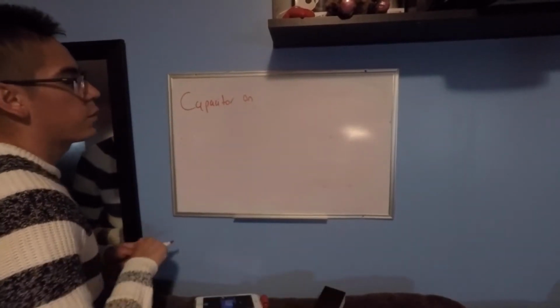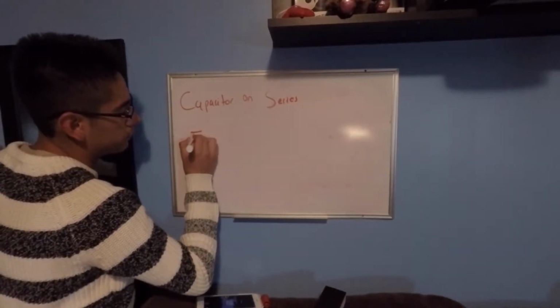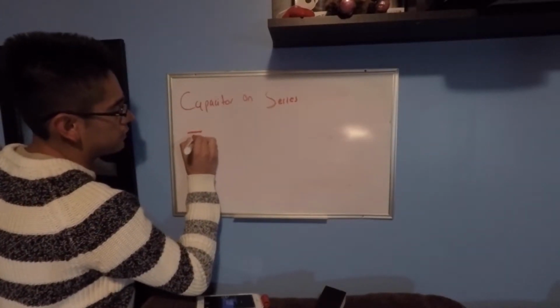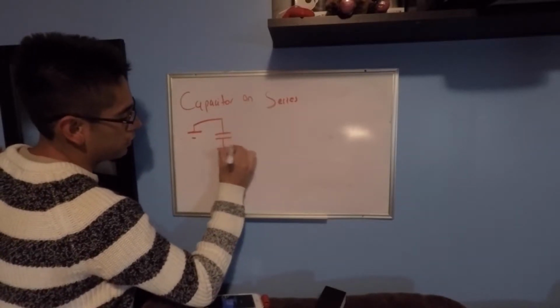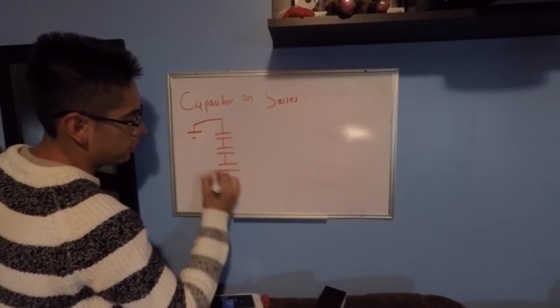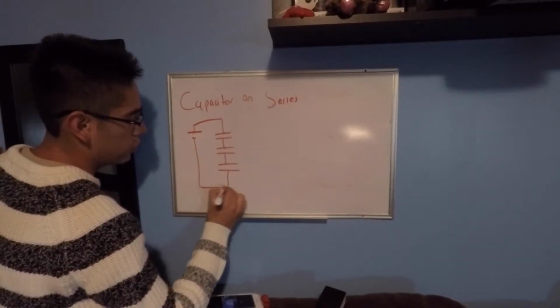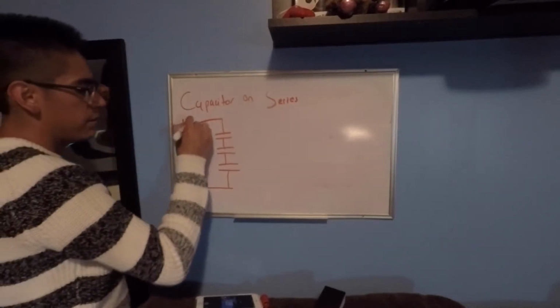But what happens when we have capacitors in series? So the next drawing will not be that. It will be like this. So it is getting an initial voltage. Thank you for the battery.